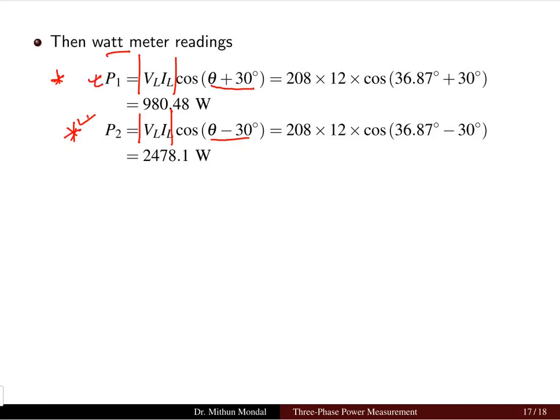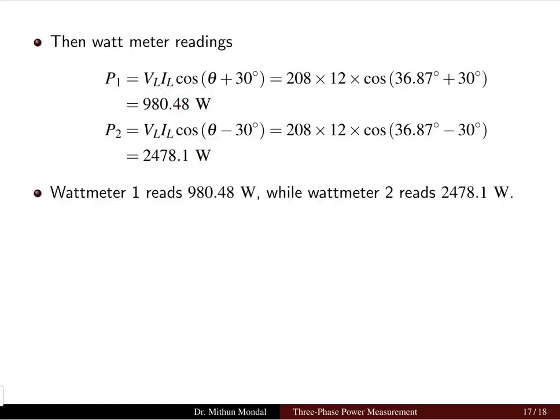We have VL IL as the magnitude, and one wattmeter will measure the power with theta plus 30, another will measure theta minus 30. So once we substitute the voltage, the current and the power factor angle, we get the powers as 980.48 watt and 2478.1 watt. So these are the powers associated with the P1 and P2 wattmeters. So wattmeter 1 will read 980.48 and wattmeter 2 will read 2478.1 watt, which was the first part of the problem.